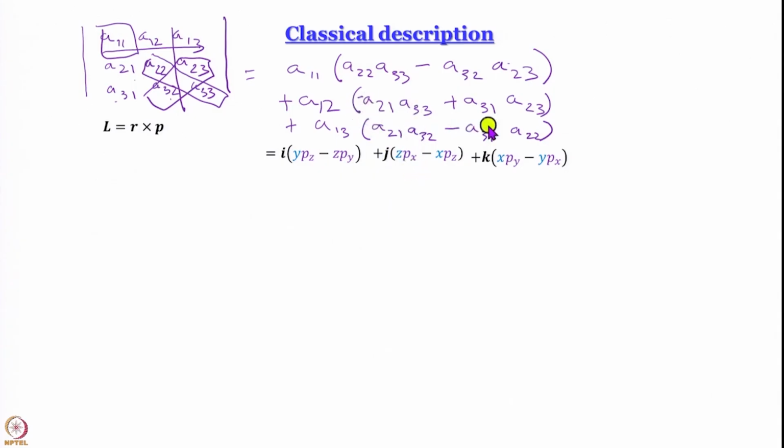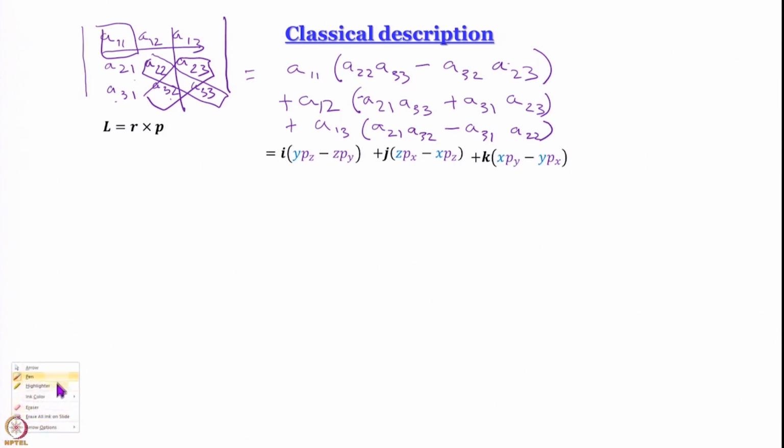Sorry, there is a minus sign here, so this has to come here. So, A21 is actually x and A33. So, this way you can just correlate with these, and we will just write it in the determinant form.